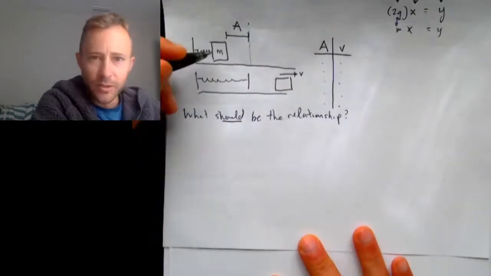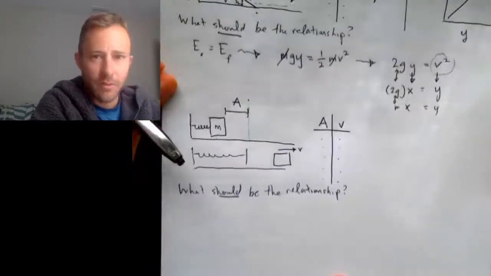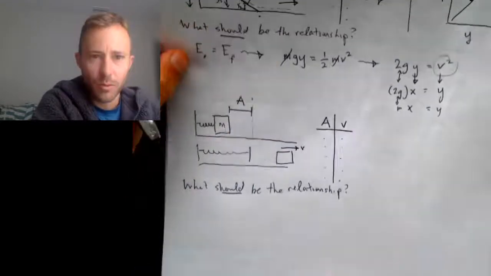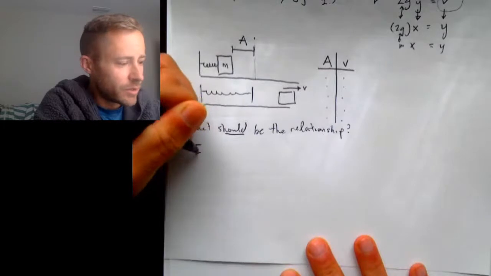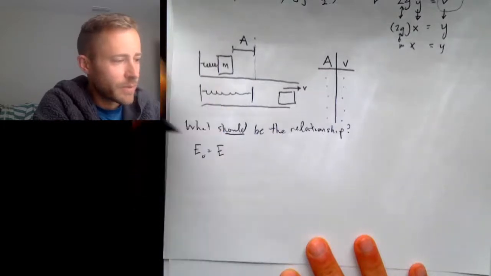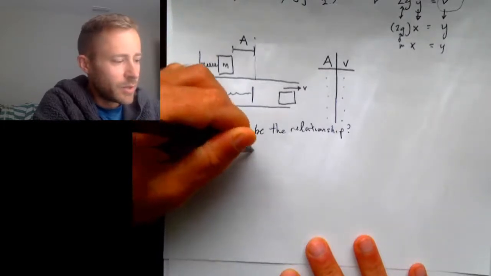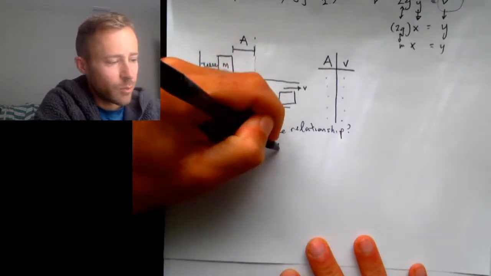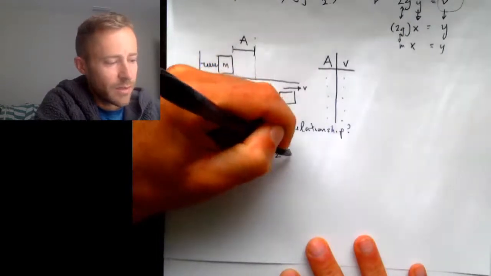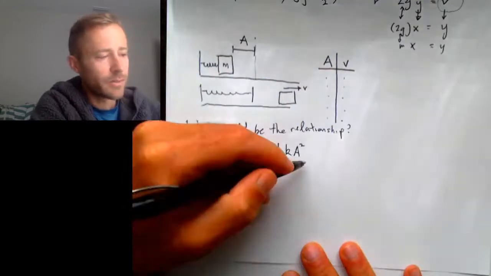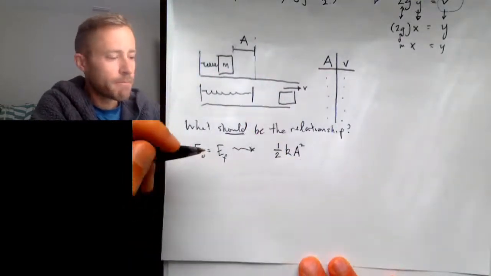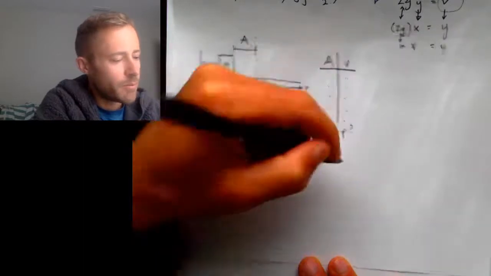All right. So in this case, instead of starting out with gravitational potential energy, we start out with elastic potential energy. So initial energy equals final energy. The initial energy is 1/2 ka squared, and the final energy is 1/2 mv squared.